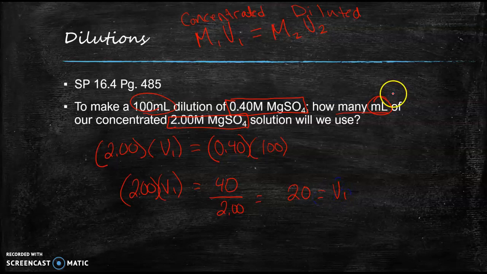Remember, we had milliliters here, so our 20 is going to be measured as 20 milliliters. And this is our answer. We need 20 milliliters of our concentrated 2.00 molar magnesium sulfate solution in order to make a dilution of 0.4 molar at 100 milliliters.